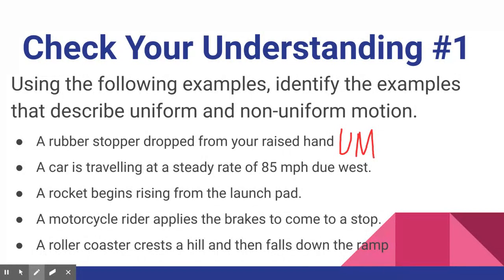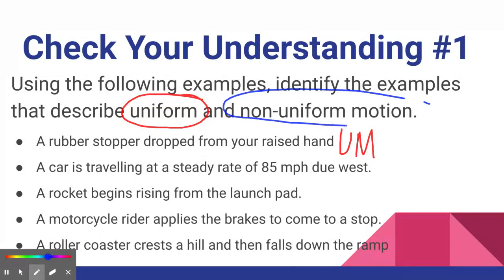I'll circle that and make that red, and then I'm going to make blue non-uniform motion. So a car traveling at a steady rate, meaning it's not changing its speed. It's moving at a rate of 85 miles per hour due west. So right there, that's uniform motion.